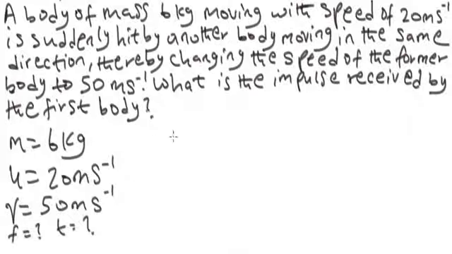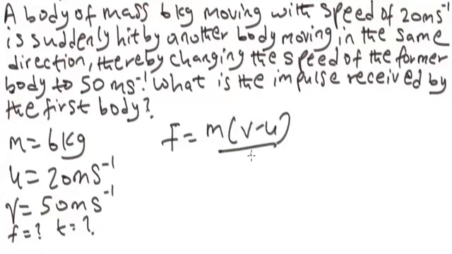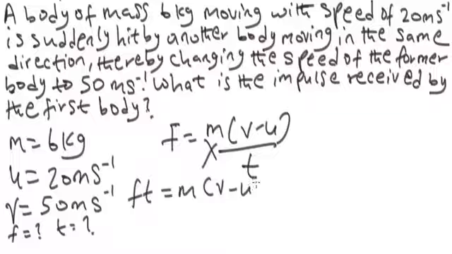So we are going to apply this formula under Newton's second law of motion: F equals change in momentum over t. So when we cross multiply, we have Ft equals change in momentum. This Ft is our impulse, and this is the momentum.